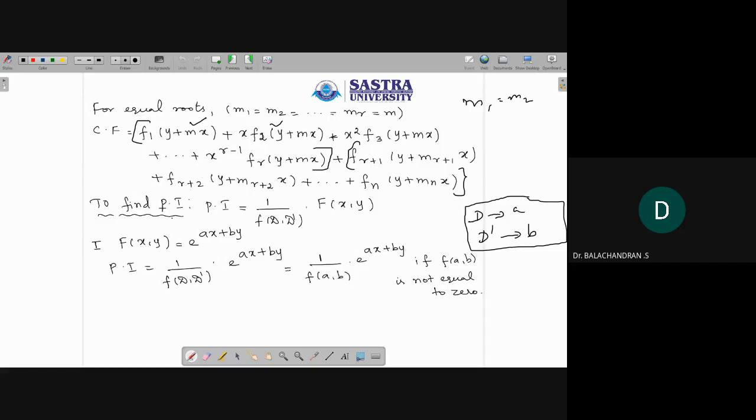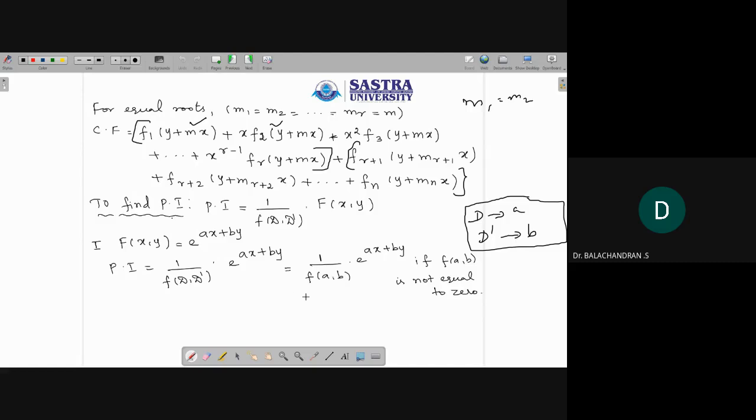To find the PI, I think yesterday I explained how to find the PI. The first method is when the right hand side f(x, y) is e^(ax+by). How to find the PI for this function? You should replace D by a and D' by b, only if the denominator f(a, b) is not equal to 0.